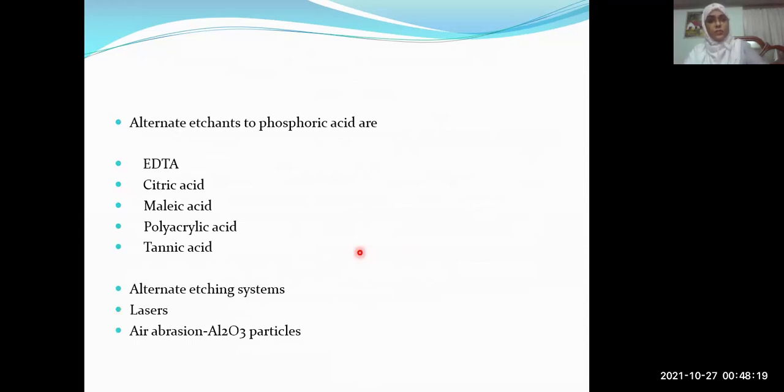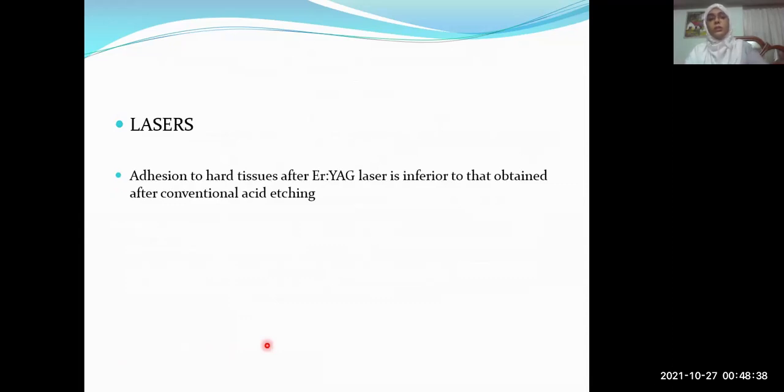Instead of phosphoric acid, you can also use EDTA, citric acid, malic acid, polyacrylic acid, and tannic acid. And not just acids, you can also go for alternate systems, like lasers and air abrasion using aluminum oxide particles. However, these are not as efficient as phosphoric acid etchants, and lasers are considered inferior.